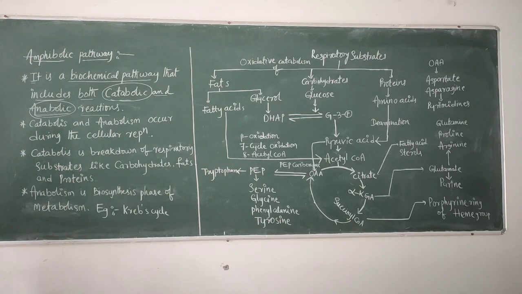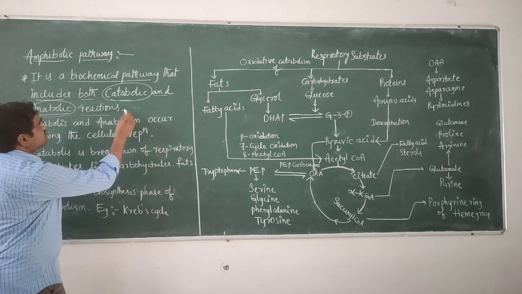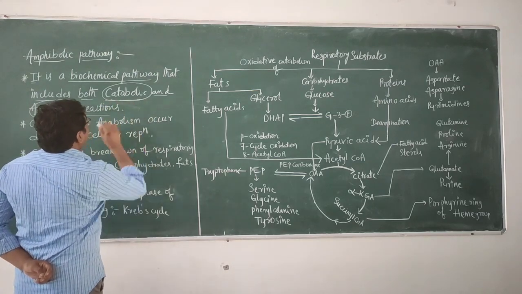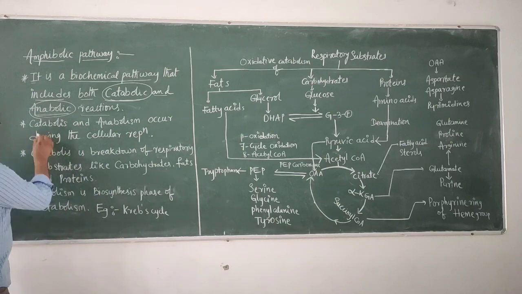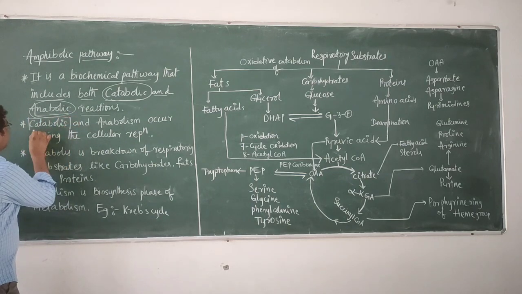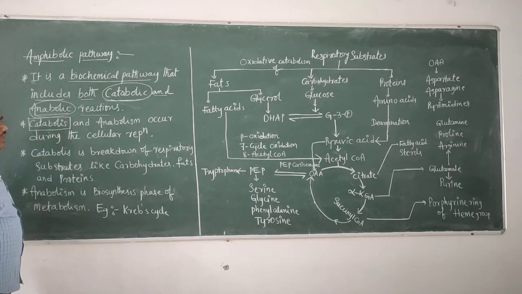So, what are catabolic reactions? In previous classes, I explained catabolic processes like glycolysis, link reaction, and Krebs cycle. Catabolism is one type of metabolism.